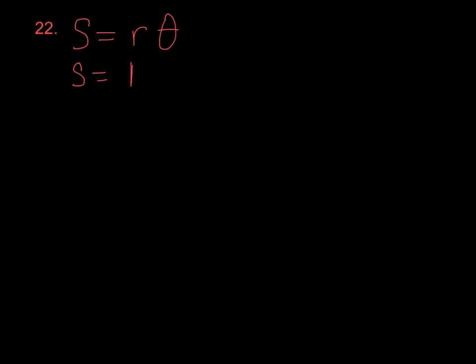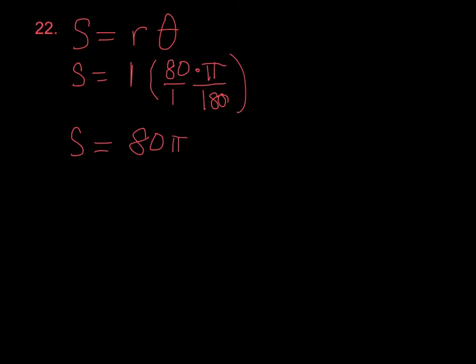Remember that whenever you put in a value for theta, that always has to be in radians. So I'm going to take that 80 degrees, and remember we multiply that by pi over 180. Well, 1 times anything is just itself. So basically what I've got here is S equals 80 pi over 180.